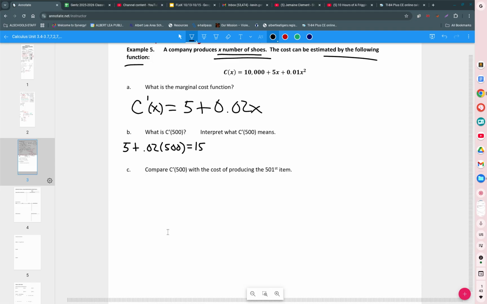Interpret what C prime of 500 means. That means the approximate cost of producing what? Shoes.